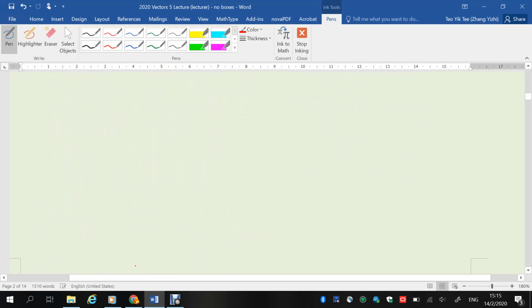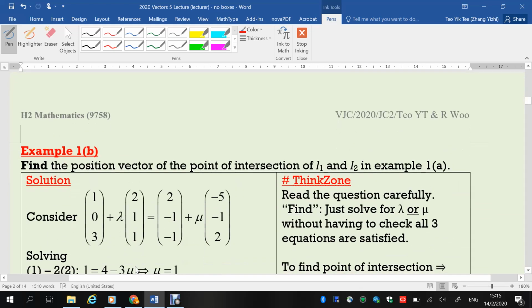Let's look at example B now. This time, I ask you to find the position vector of the point of intersection. When the question is set this way, I already tell you that the two lines intersect.